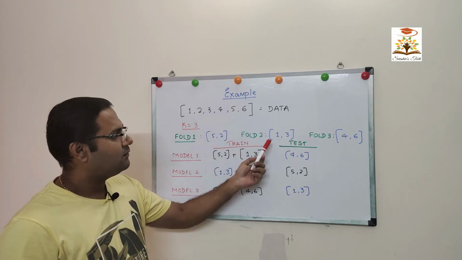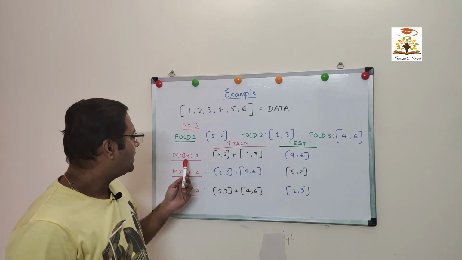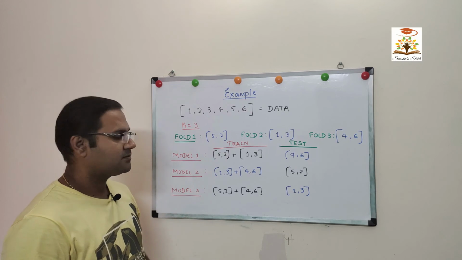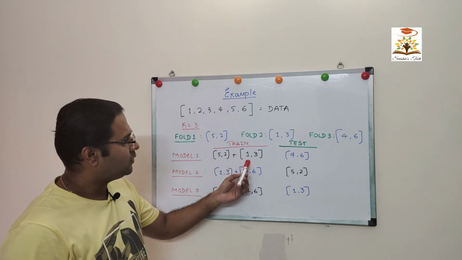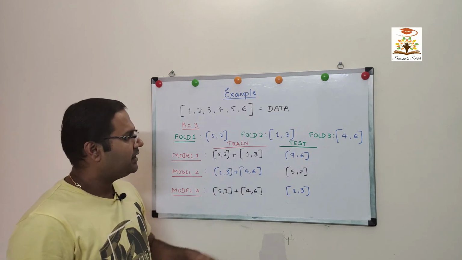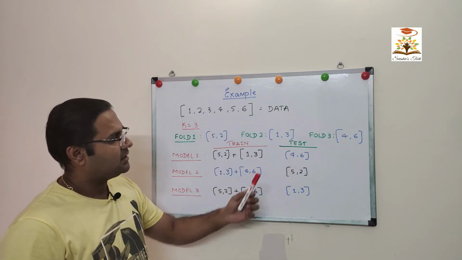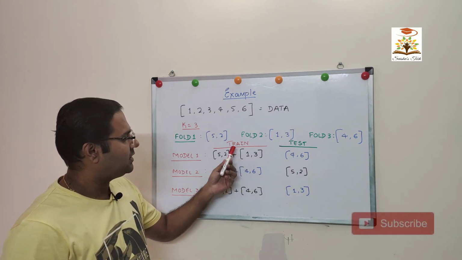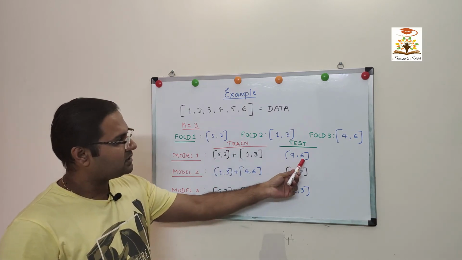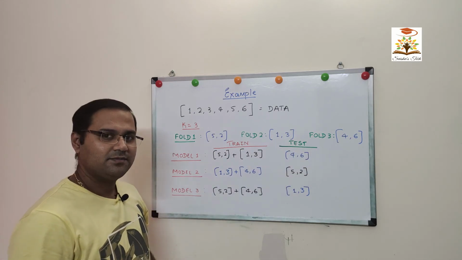After building the folds, we create 3 models in which we are considering fold 1 and fold 2 as the train set and fold 3 as the test set. That is 5, 2, 1 and 3 as our train data, 4, 6 as our test data.